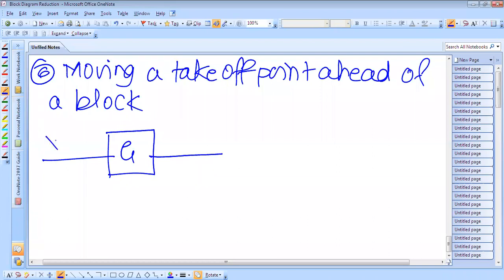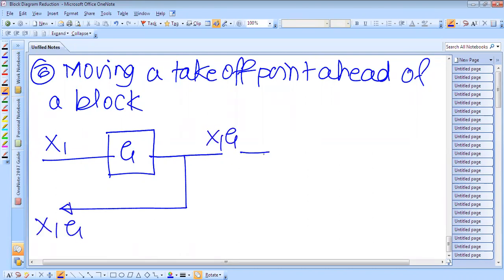Suppose the incoming signal is x1 and the outgoing signal is x1g. So here it is also x1g, but we have to move this point here, ahead of a block. So if you move, your diagram will become like this: g.